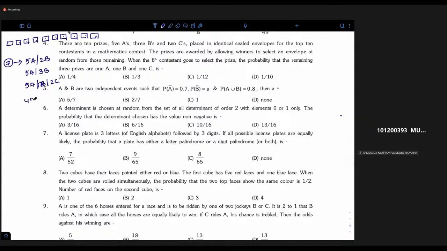Are 4 A's, 7 should be given, right? 7 only we need to give.